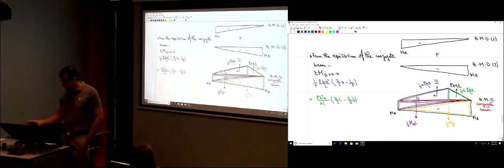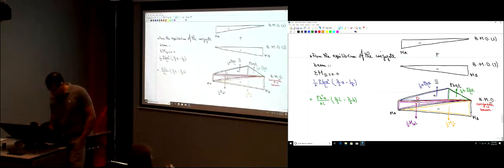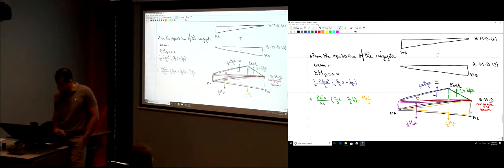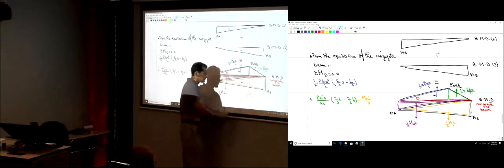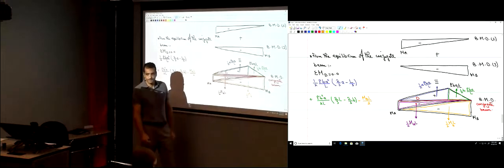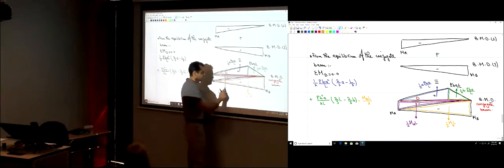And now we have MB, okay? So we have negative MB L divided by 2 multiplied by its distance. How much is this distance? From here to here.